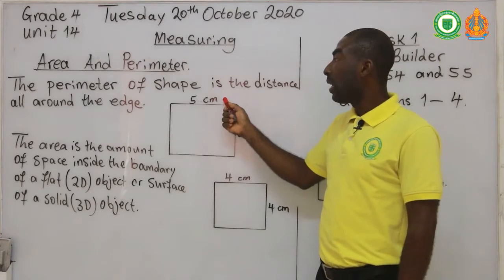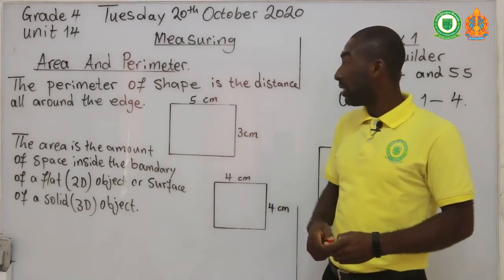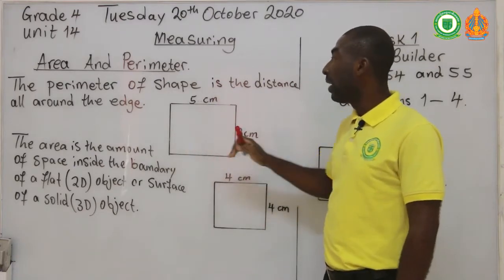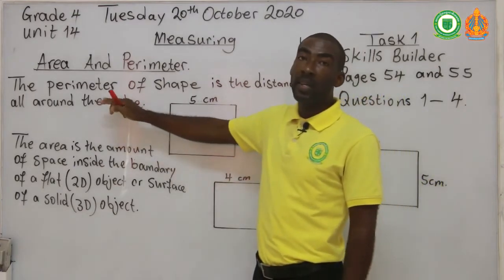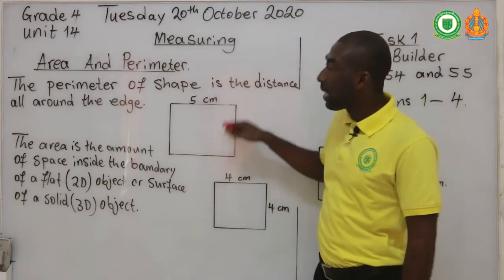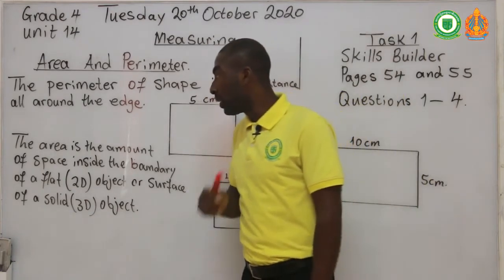If here is 5, this line is also 5 centimeters, okay? So we need to add all the lines together and that will give us our perimeter. All the outside lines put together give us our perimeter.